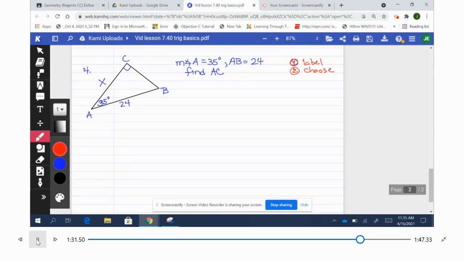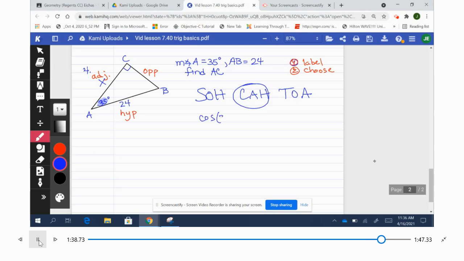And last one, label relative to the 35. There's opposite, hypotenuse, adjacent. Now remember, the opposite and the adjacent have to be the legs. If you want to make sure you don't mess up, you want to label the hypotenuse first. Some people do it that way. That's a good idea. Writing my acronym again, circling cosine because adjacent and hypotenuse are involved.